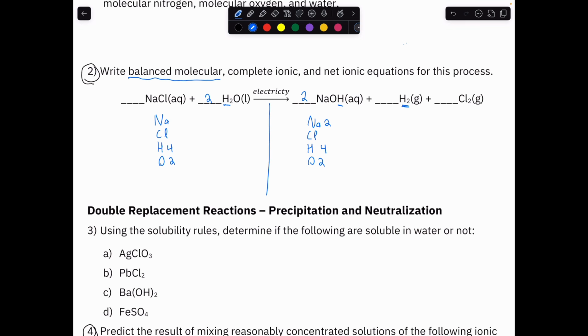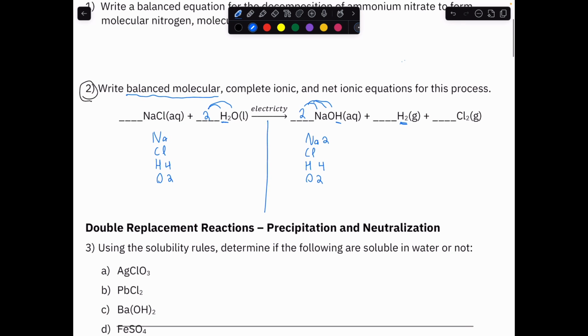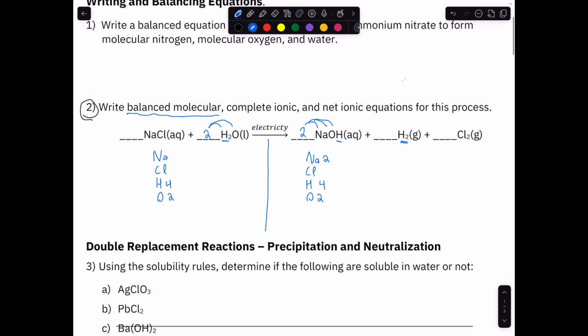For this to work, it's just taking this and multiplying it on these elements. So that's 2 times 2, which is 4, 2 times 1, which is 2, and that's how that works.